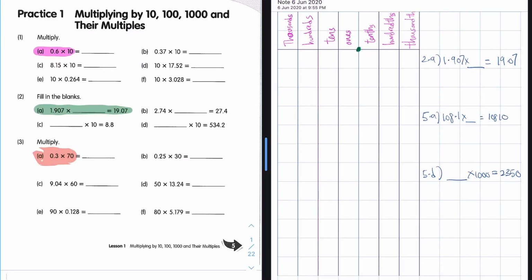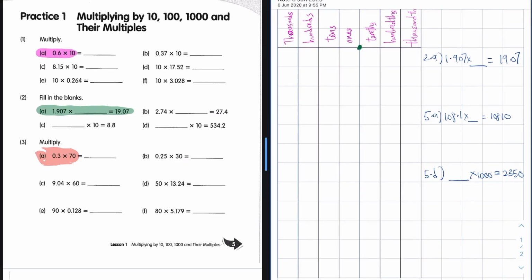Finally, let's come to questions 2 and 5. For 2a, what number do I multiply 1.907 with in order to get 19.07? So I'm going to write both numbers in a table on the left. First, 1.907, I can write it here as 1.907.